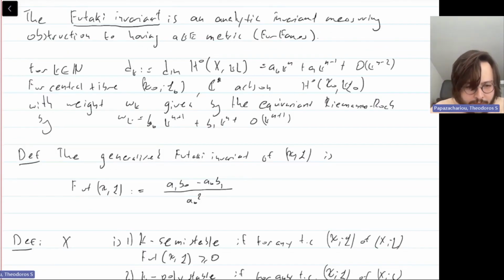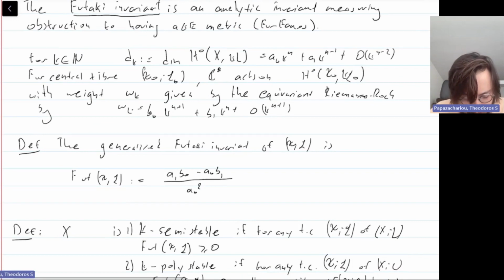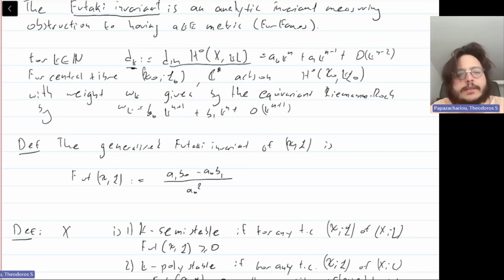Essentially, the definition of this Futaki invariant goes kind of like this, where you take d_k to be the dimension of the zeroth cohomology, H^0, of X and the kth tensor power of your L, where k is a natural number.